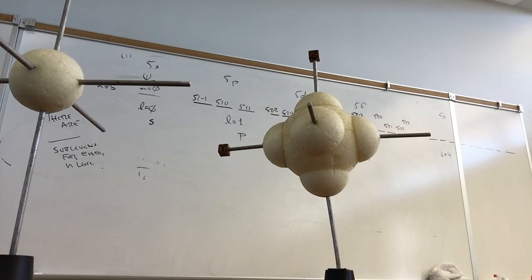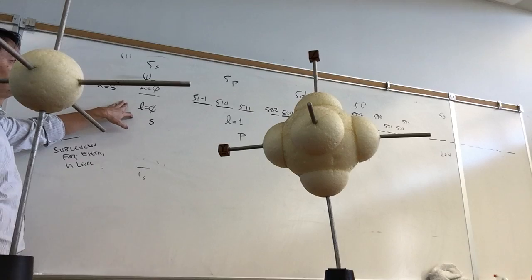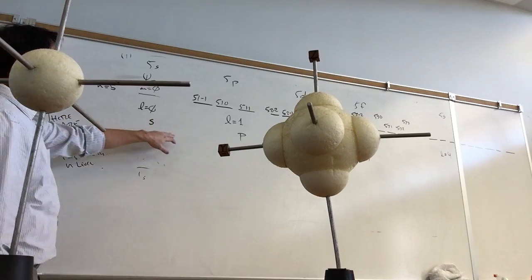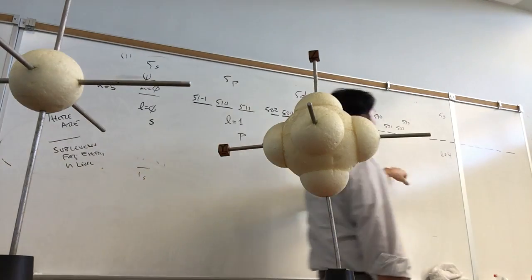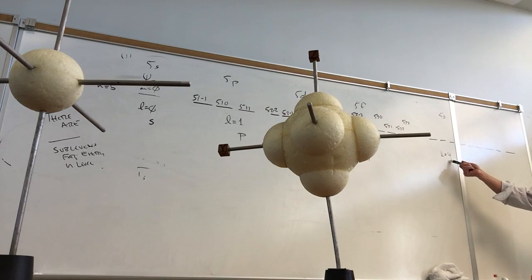N minus 1? And so that means if n equals 5, I should have 4 sublevels. Well, 1, 2, 3, 4. Actually, I have 5 sublevels. So remodify.